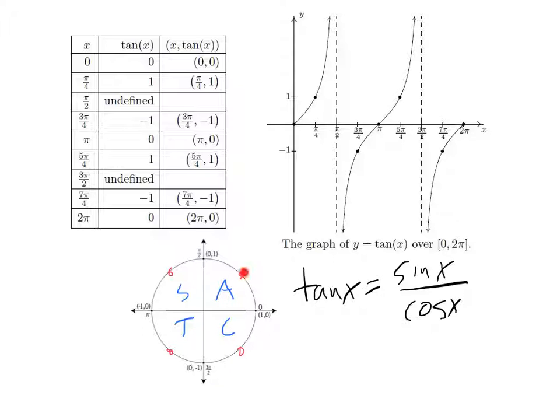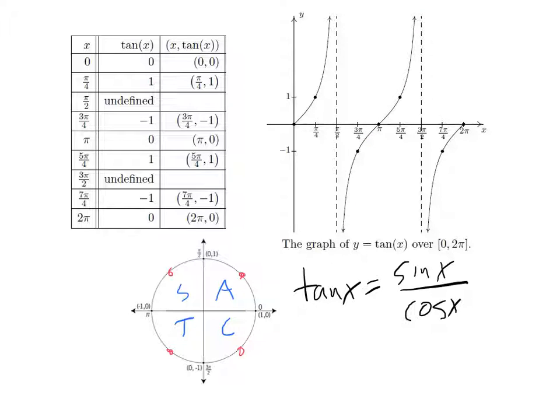So we would have 1, tangent's positive here, 1, negative here, negative 1, positive 1, negative 1. And then we see pi fourths 1, 3 pi fourths negative 1, 5 pi fourths 1, 7 pi fourths negative 1. These give us some extra points, but let us see that tangent is an increasing function over its domain.